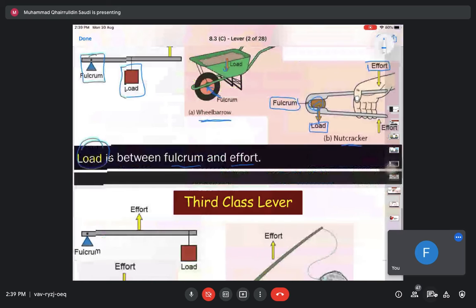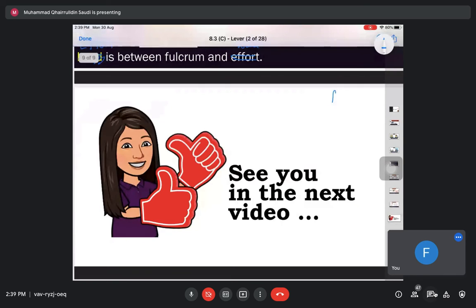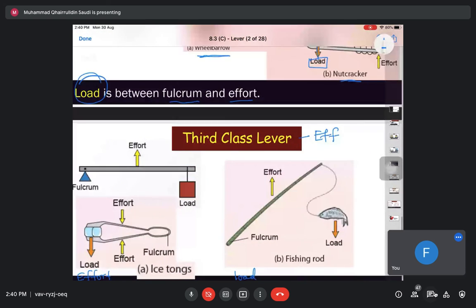Okay. And then the last one, the third class lever. Okay, this one kat sini slide ni salah sikit. It is not load, it is effort. Effort is between fulcrum and load. So for the third class lever, at the center would be the effort. Okay, daya dikenakan di tengah-tengah di antara fulcrum dan beban. Itu adalah third class lever.